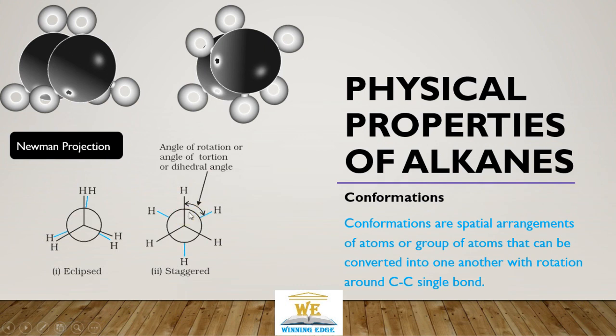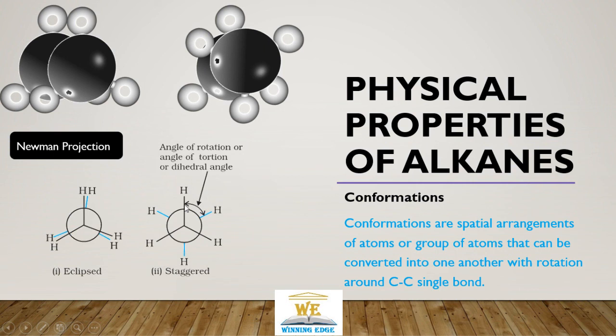This is the eclipsed state in which both hydrogen atoms attached to two different carbon atoms are directly over each other, but here we have shown it a bit out just to represent it. In staggered conformation, they are in the furthest possible position, like here we have shown.